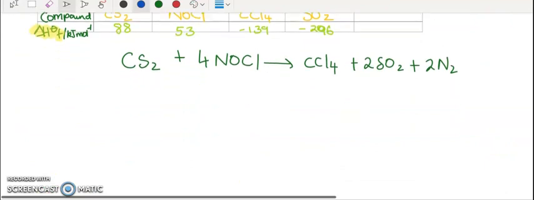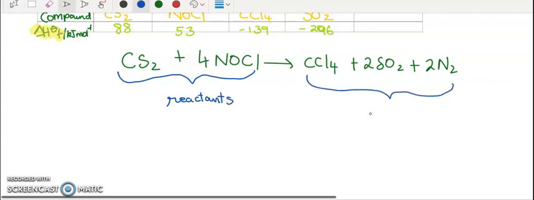So let's apply this formula. This is our reactant side, and this is our product side. We're going to calculate these separately.